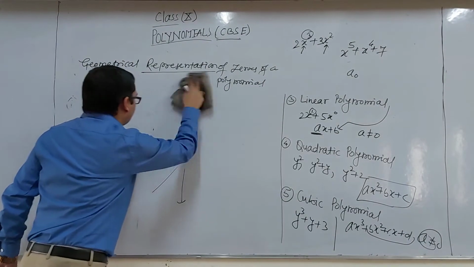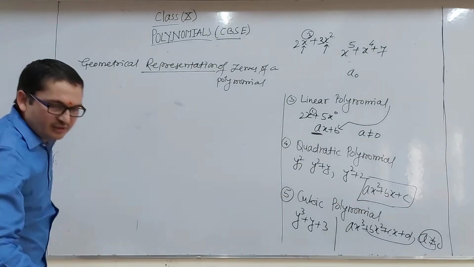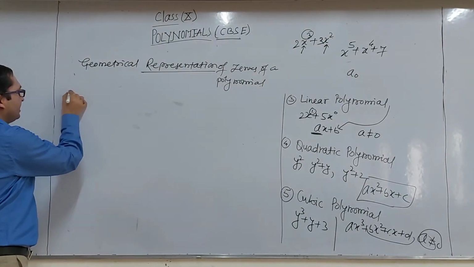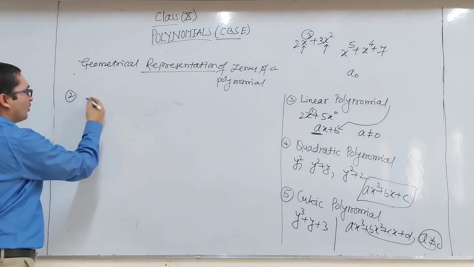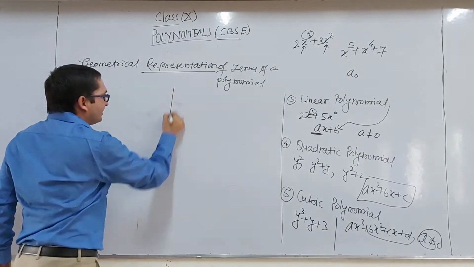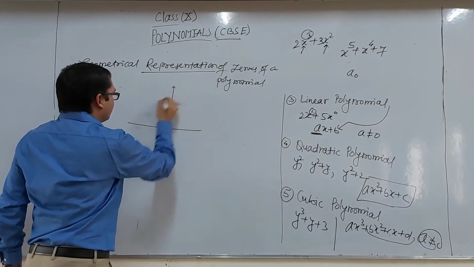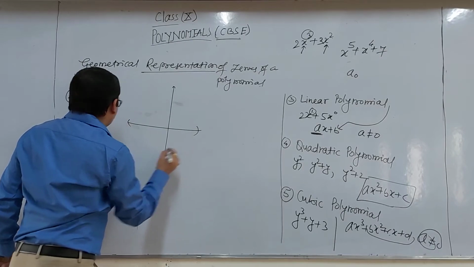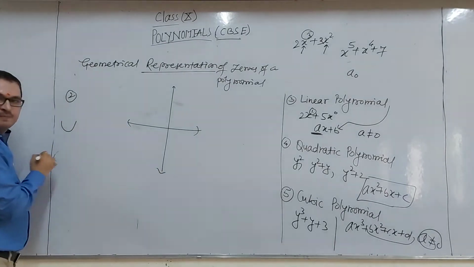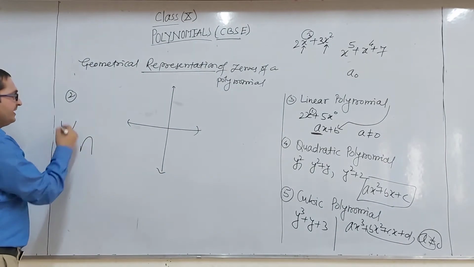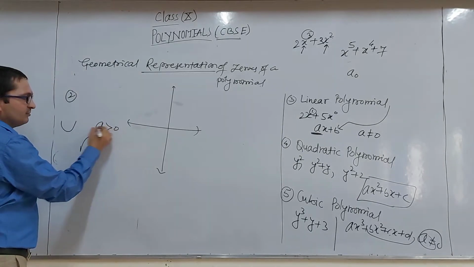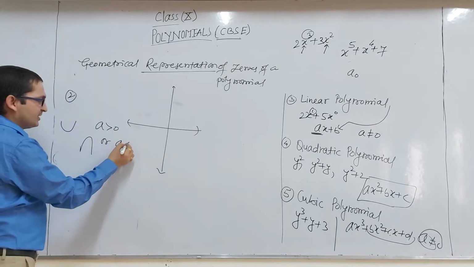In quadratic, the second one, for the quadratic polynomial, you will get a graph like this, upward or downward. It depends on whether a is greater than 0 or less than 0.